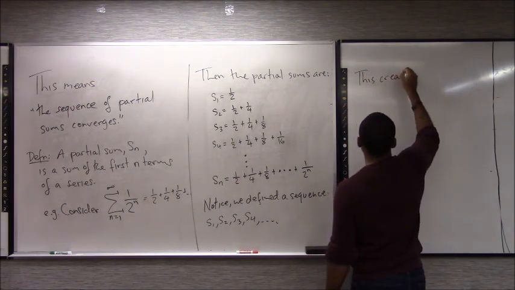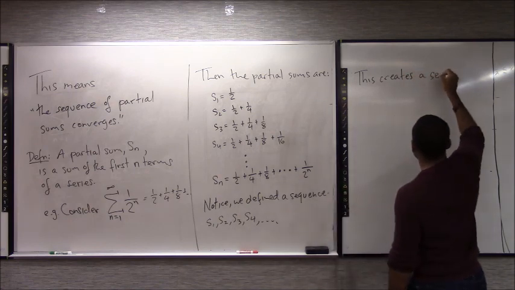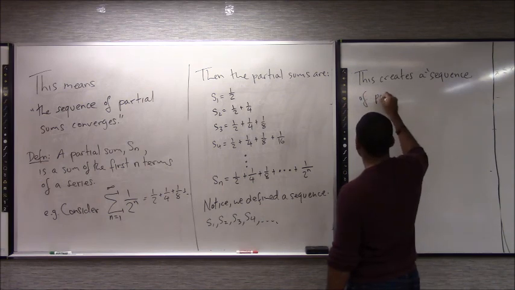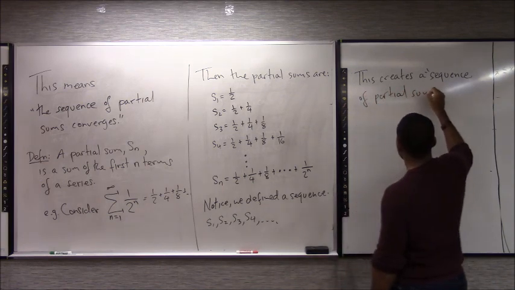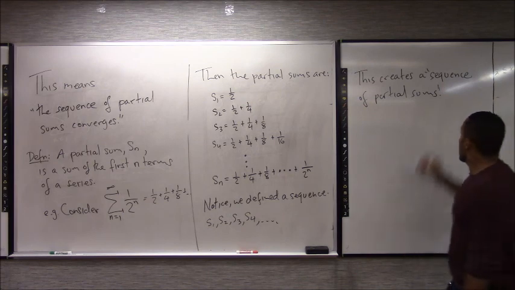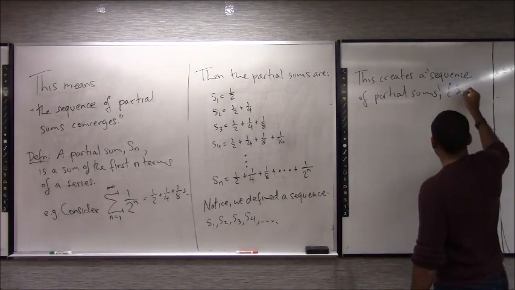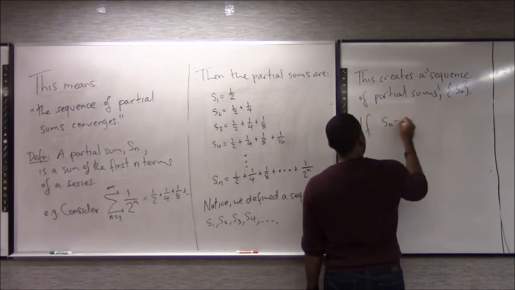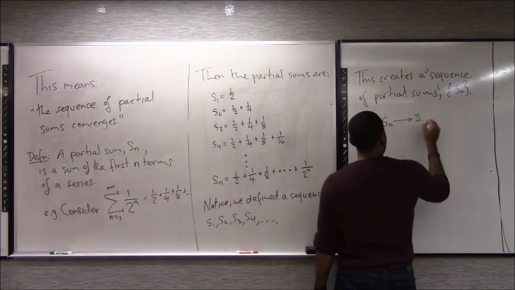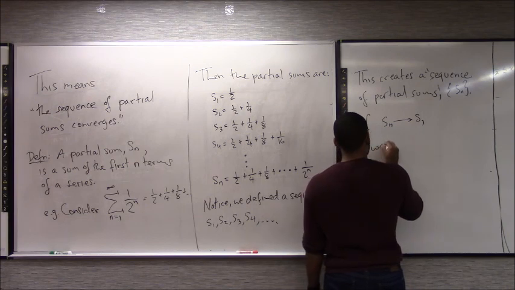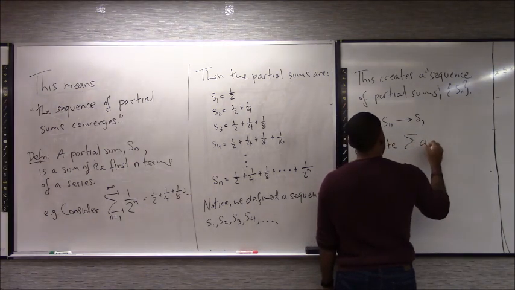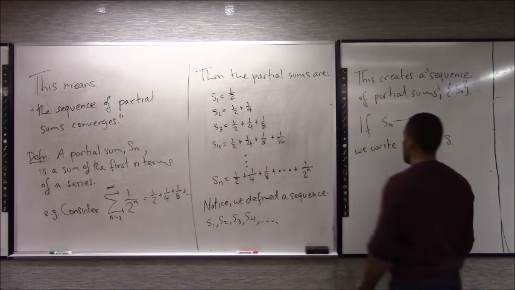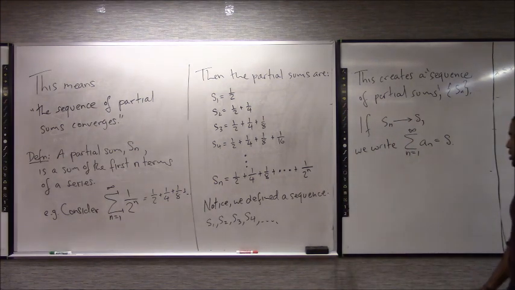This creates a sequence of partial sums, Sn. And if Sn converges to some number S, we write the series equals S, and we take that to be the sum of the series.